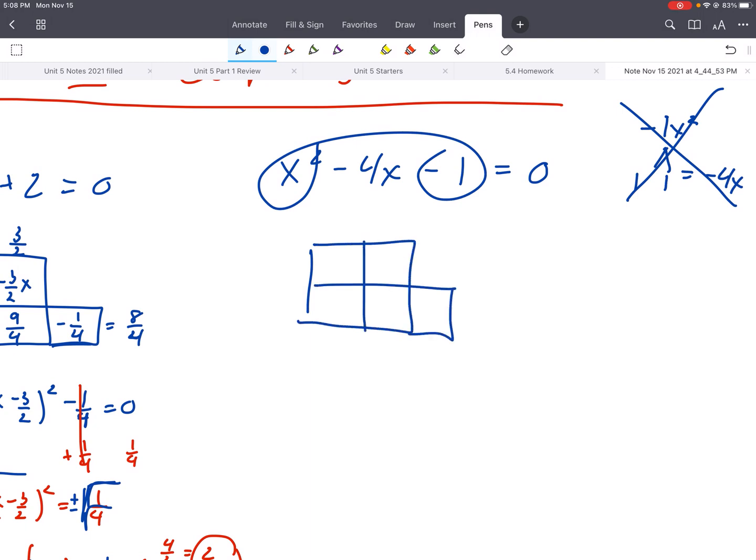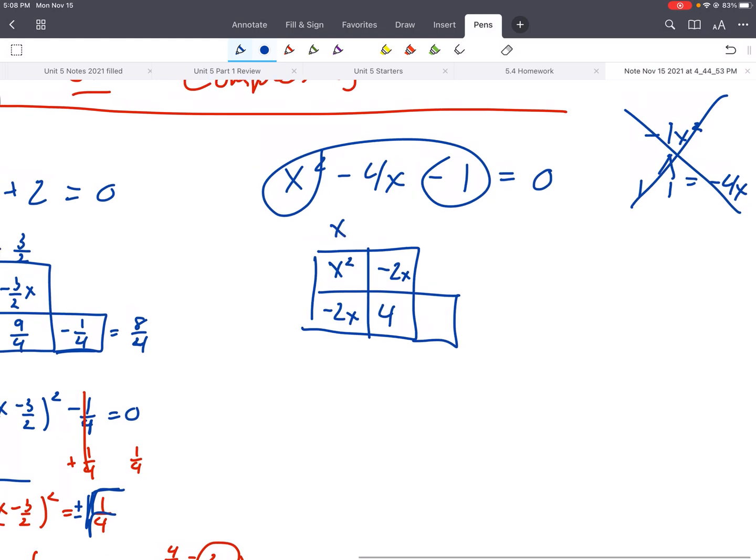Okay. So here we would have x squared minus 2x minus 2x and 4. And then this would need to be -5 to give us that -1. So then we'd end up getting x minus 2 squared minus 5.